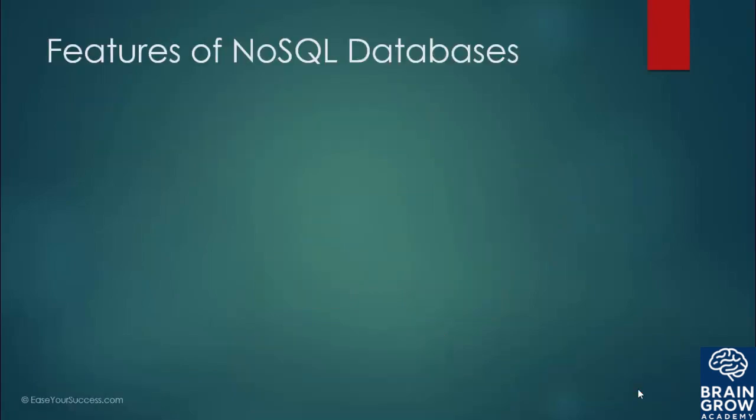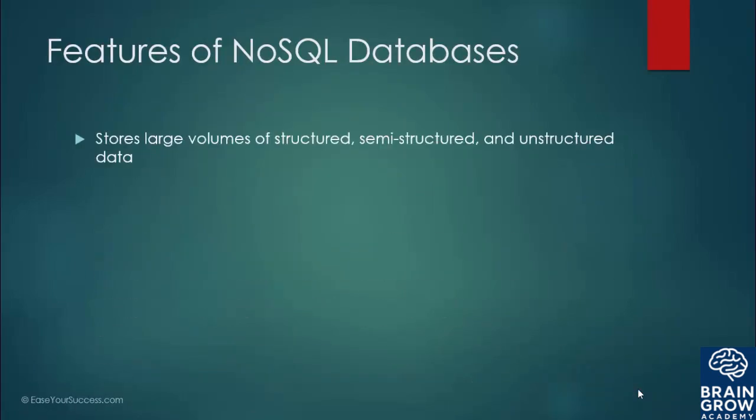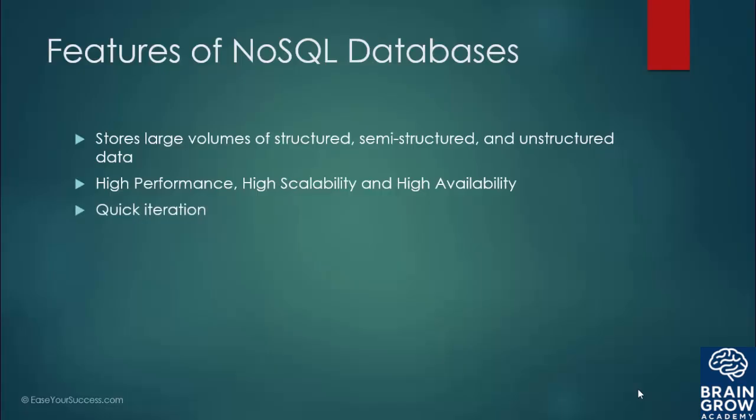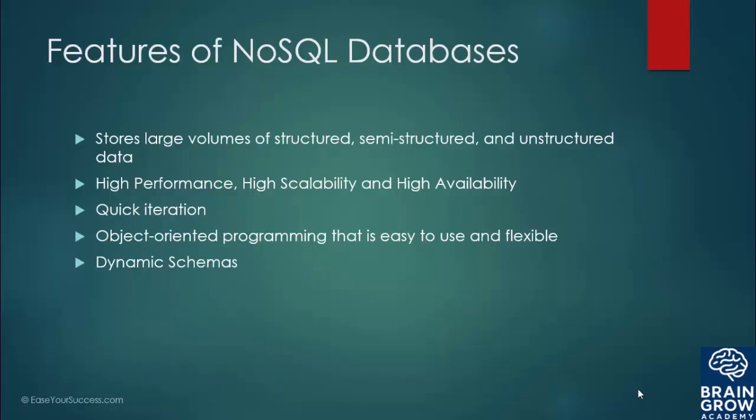Some features of NoSQL databases are: they are designed to handle large volumes of structured, semi-structured and unstructured data. They provide high performance, high scalability and high availability. We discuss all these features in detail when we discuss MongoDB in the next lecture. They provide quick iteration, they support object-oriented programming, which makes them easy to use and flexible in nature.